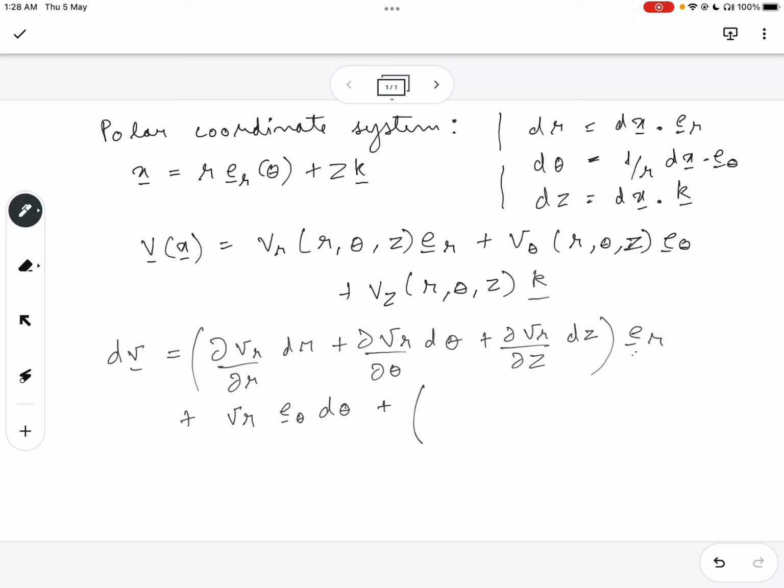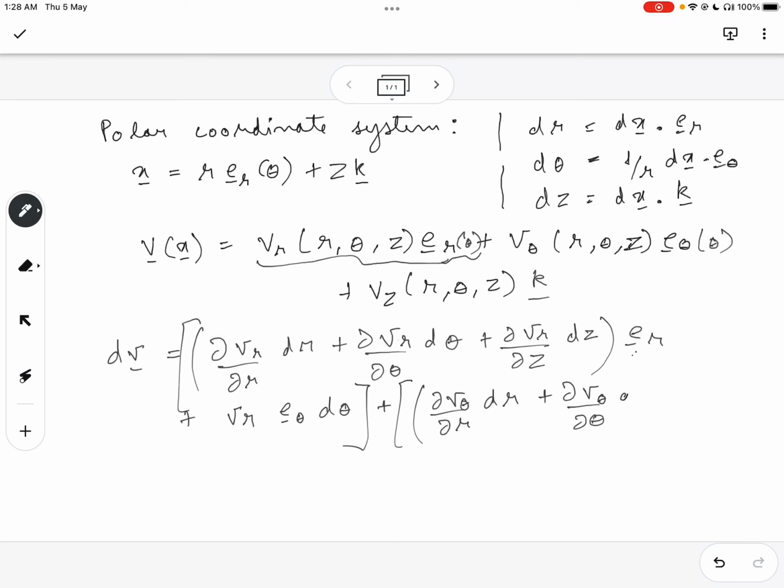So this whole term is a differentiation of the whole product. Similarly, we have to do the same with the other components. So this becomes del v theta by del r dr plus del v theta by del theta d theta plus del v theta by del z dz.